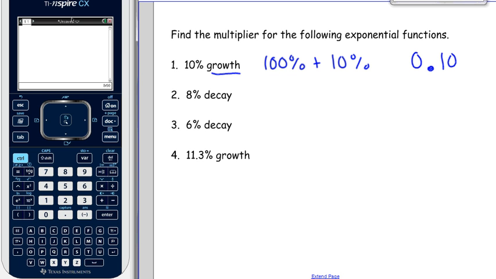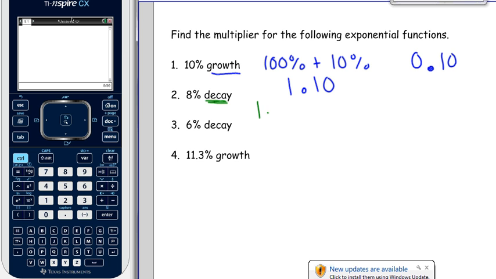So if we want 100% plus 10%, 100% is one whole. So we're looking at the multiplier 1.10 for 10% growth. Okay, for 8% decay, that means we're losing 8%. We originally start with 100% or one whole, and we're losing 8% each time, which is 0.08.